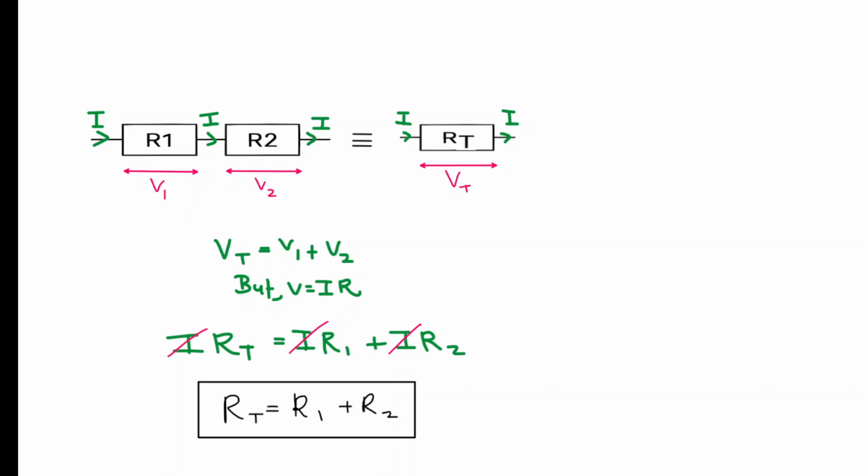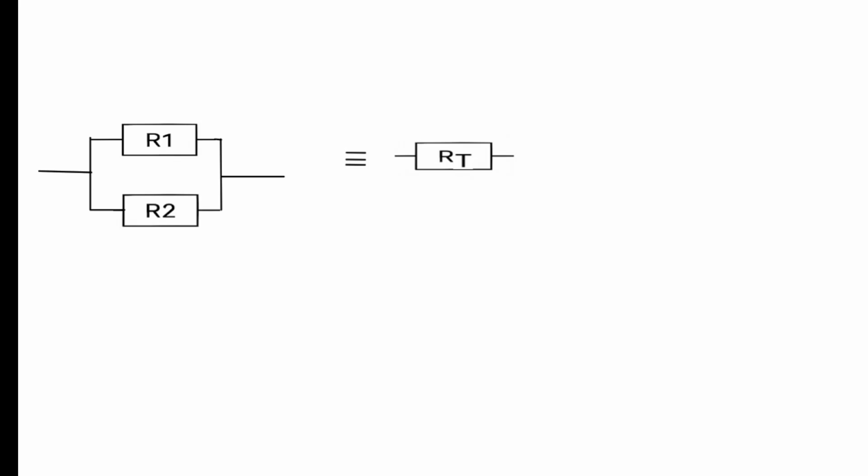Now, we can do a similar thing for parallel resistors. Let's do that. Here we have a parallel combination of resistors. Let's say the current that's coming through this one is capital I, call it I total.